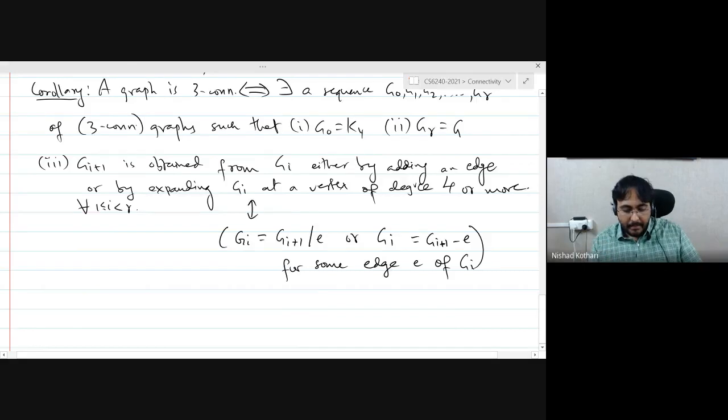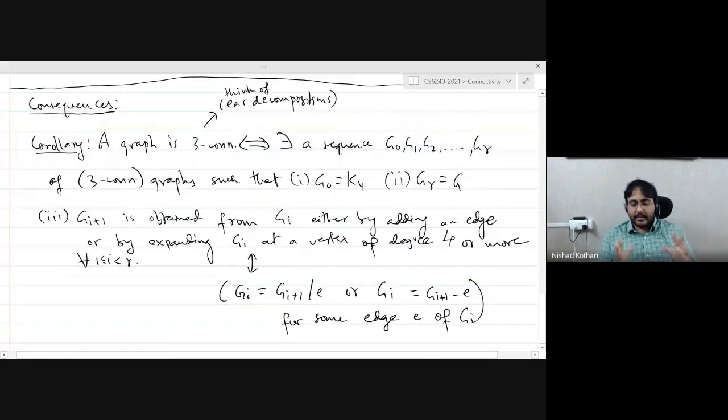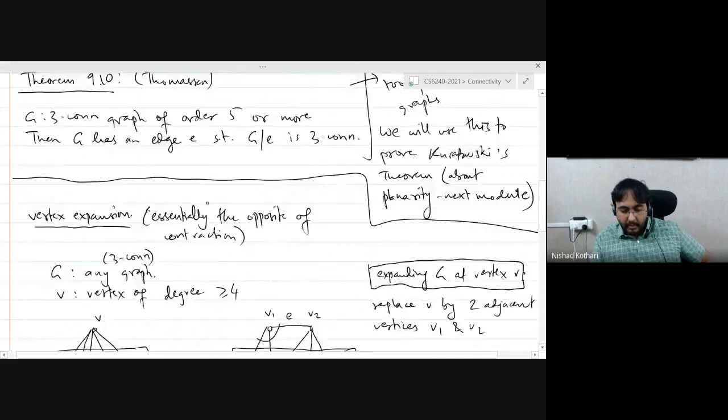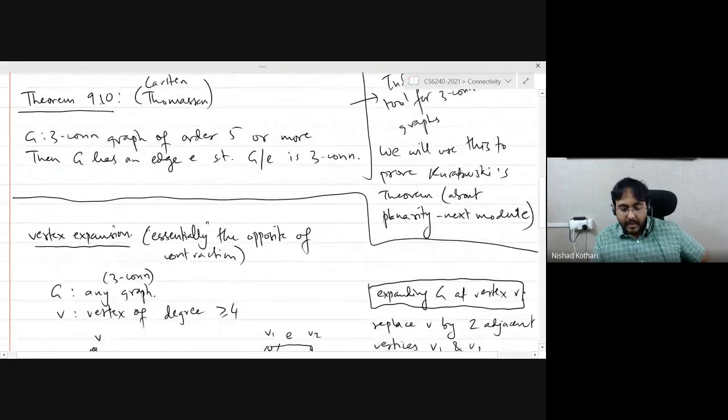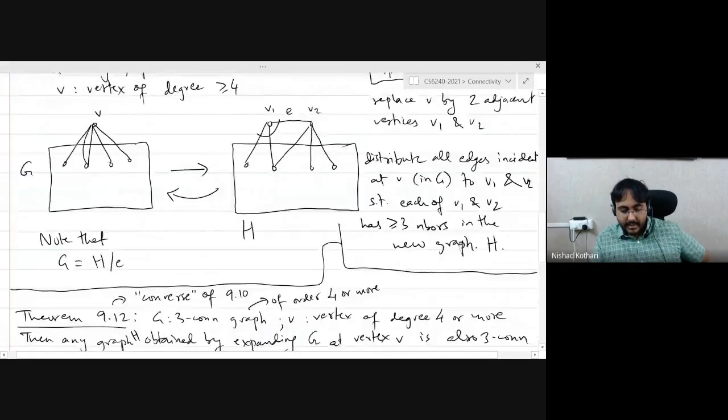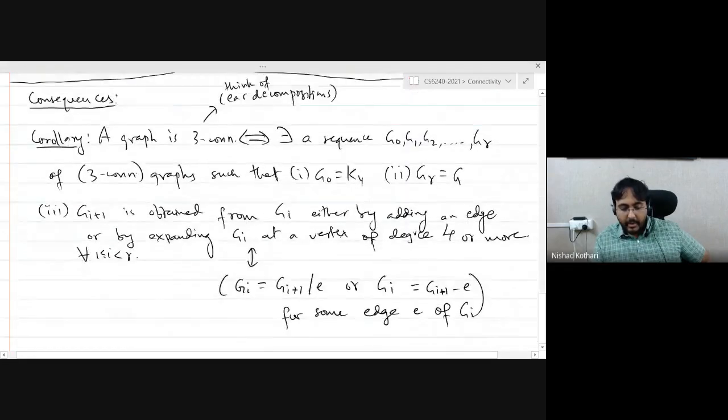And is it clear why this is true? Is everybody convinced that the previous two theorems, which we haven't proved, one of them is do it yourself, and the other one we'll be doing in the next lecture, imply the corollary that I have stated here?